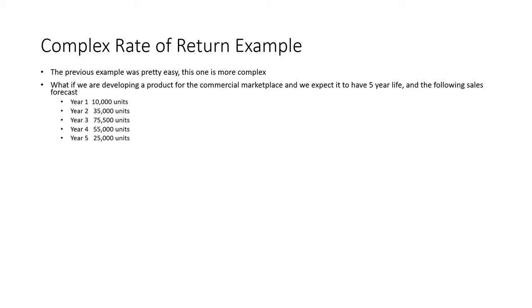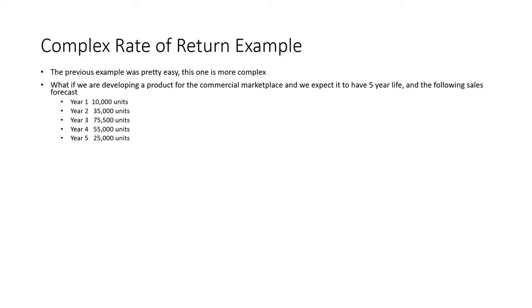So in this example, let's think of a product that we're going to sell over a 5-year period, and we've developed a sales forecast for each of those 5 years as given on the slide. Year 1 is 10,000 units. Year 3 is the maximum year at 75,500 units. And then it starts to decline from there. And in year 5, we sell 25,000 units.